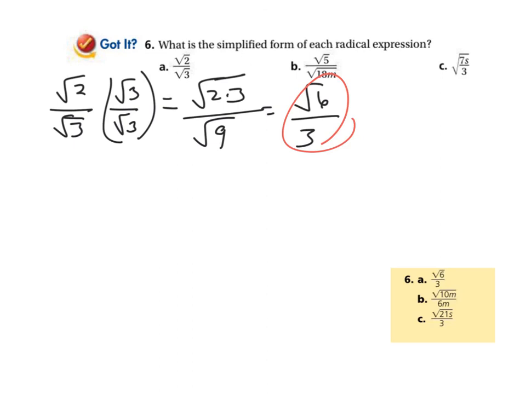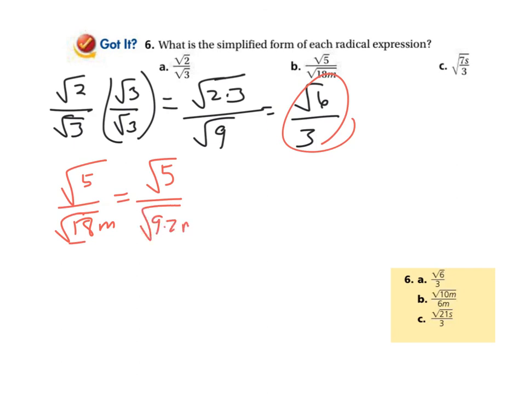Taking a look at B, we have the square root of 5 over the square root of 18m. And so I'm going to say square root of 5, nothing comes out of there. And 18 is 9 times 2, so we have the square root of 9 times 2m. So on the top, square root of 5 over 3 square roots of 2m.